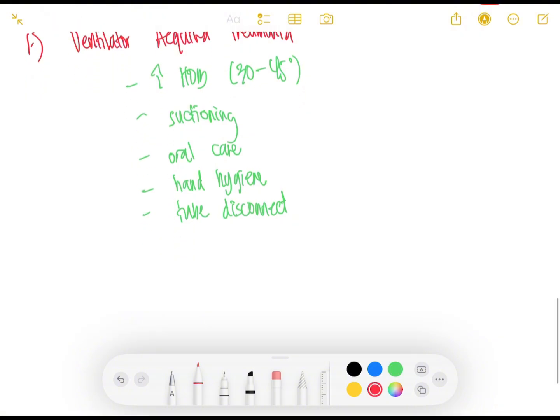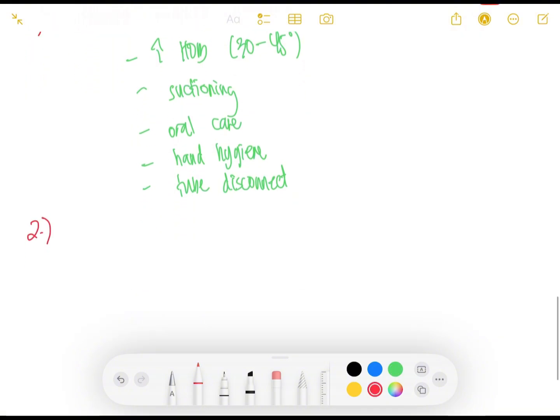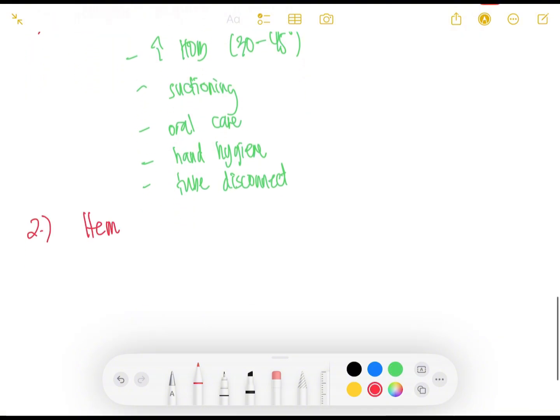Number 2, we have hemodynamic compromise. Pag sinabi nating hemodynamic compromise, nagkakaroon ng problema sa circulation ng pasyente. Okay, it becomes a problem with the patient's circulation. Paano?